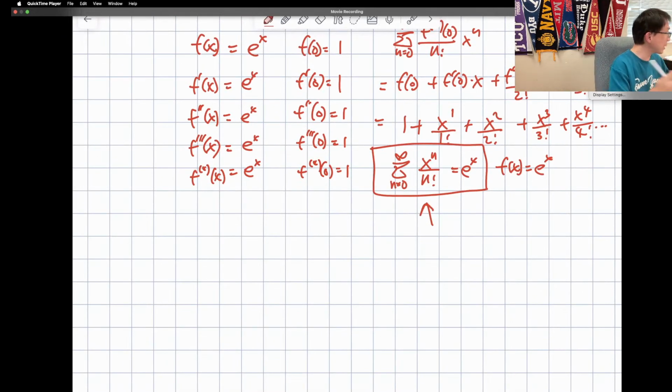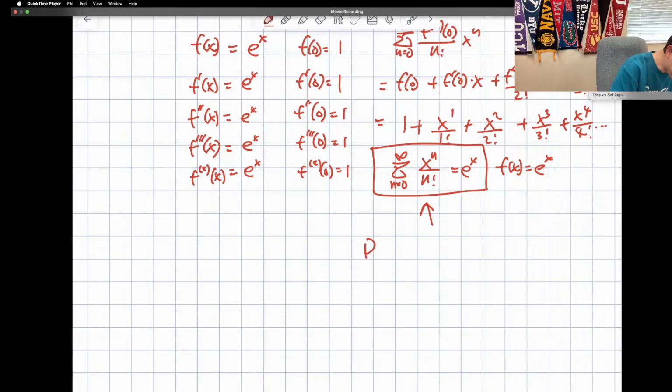Can you say the radius of convergence is from where to where? Somebody answer that? x over n plus 1, so negative infinity to positive infinity. Yeah, so it'll be negative infinity to infinity, right?